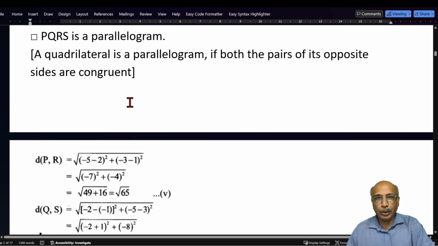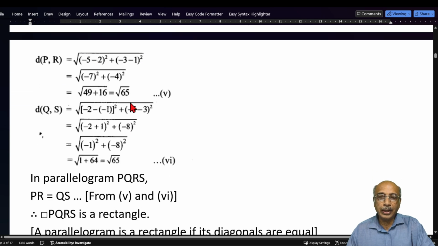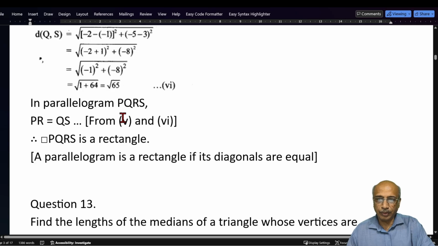But if I want to prove it is a rectangle, then the diagonals of the parallelogram must be congruent. So here we will calculate the distances PR and QS. Both are the diagonals. Here we get distance PR equals root 65 and QS also equals root 65.